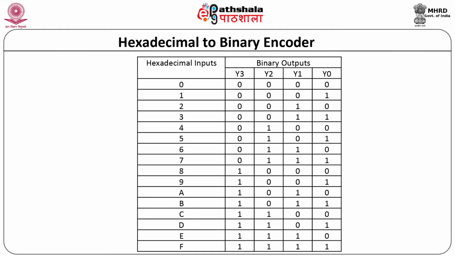The logic diagram for hexadecimal to binary encoder can be developed on the similar lines of decimal to BCD encoder. The only thing is that this encoder will have 16 input lines. The truth table for the same encoder can be prepared by simply writing 4-bit binary code for each activated hexadecimal input as shown in the table.